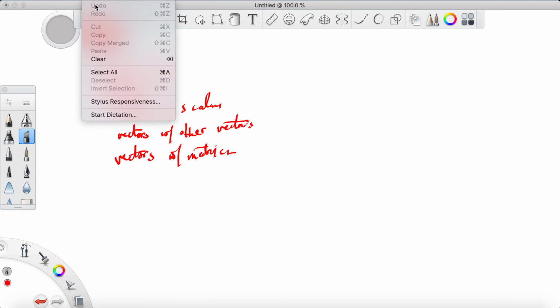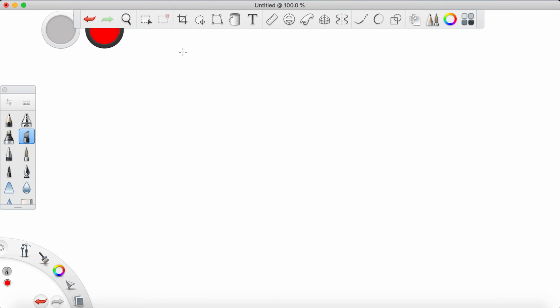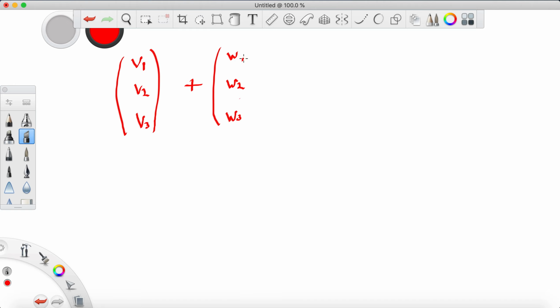Okay, so the first thing we're going to do is work on adding vectors. This is pretty straightforward. If I have one vector v1, v2, v3, and the subscript is just a way for me to call the spot in the vector, and I want to add it to another vector, w1, w2, w3, the way that I do this is I just add the components together.